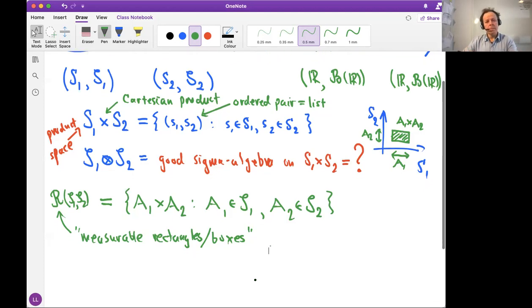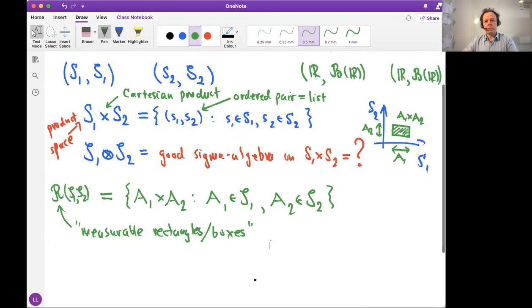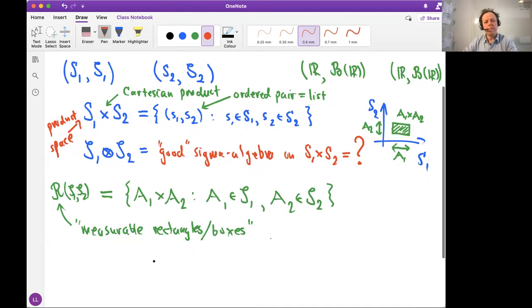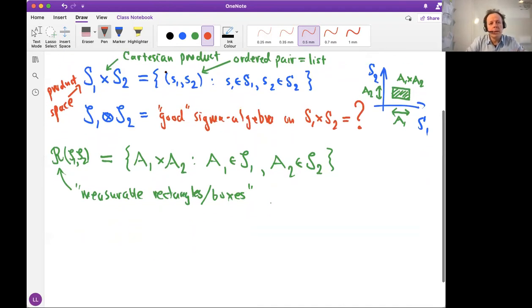So what would be? So then we might recall, what should good mean actually? What would be the minimal requirement of a good sigma algebra? So what do we want? The important map from a product space, the key map, is the projection.